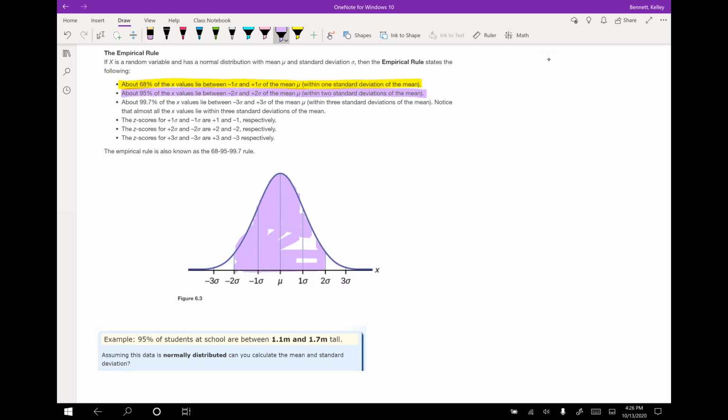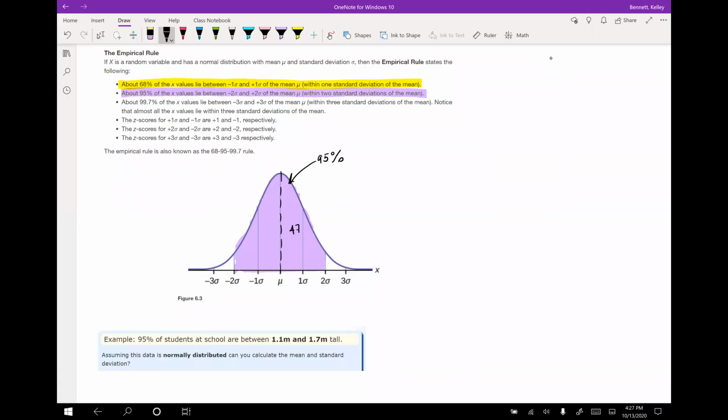Right, so 95% of all the x values are going to be here. So this is 95%, the whole purple region. And because we're symmetric about the mean, we will have half on one side and half on the other. So 47.5% are over here and 47.5% are over here.